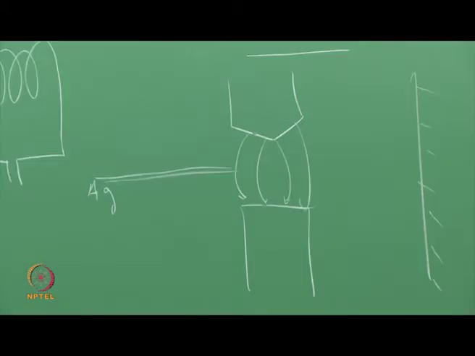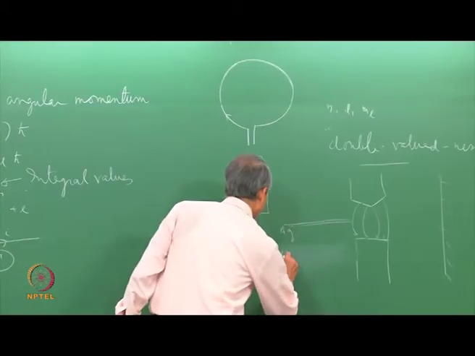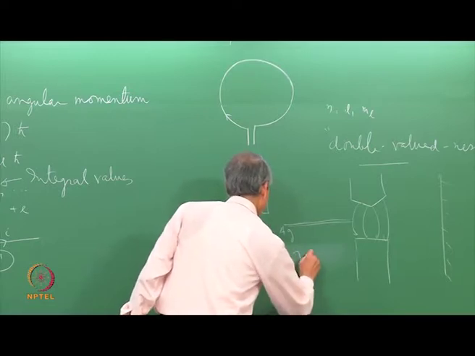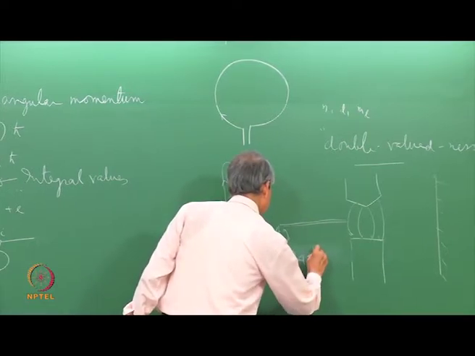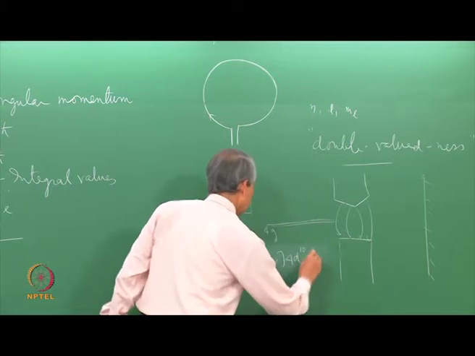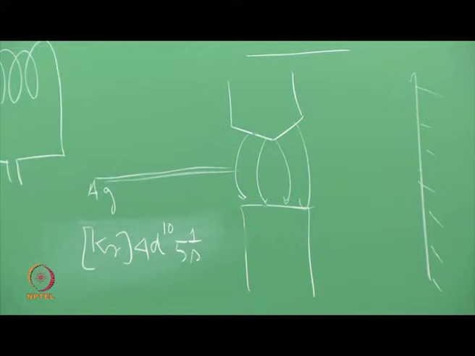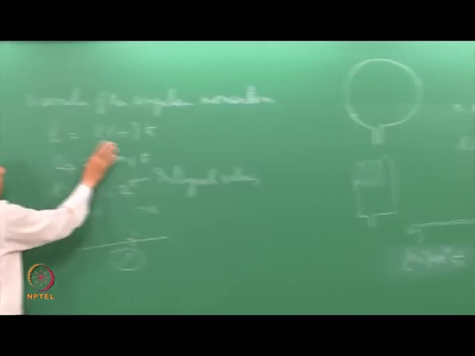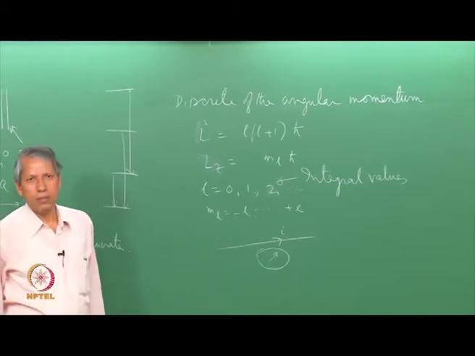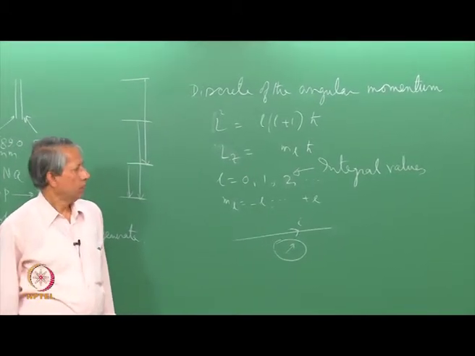Silver atom is known to have this electronic configuration, (4d10 5s1). So, naturally, according to this model, it does not have any angular momentum.